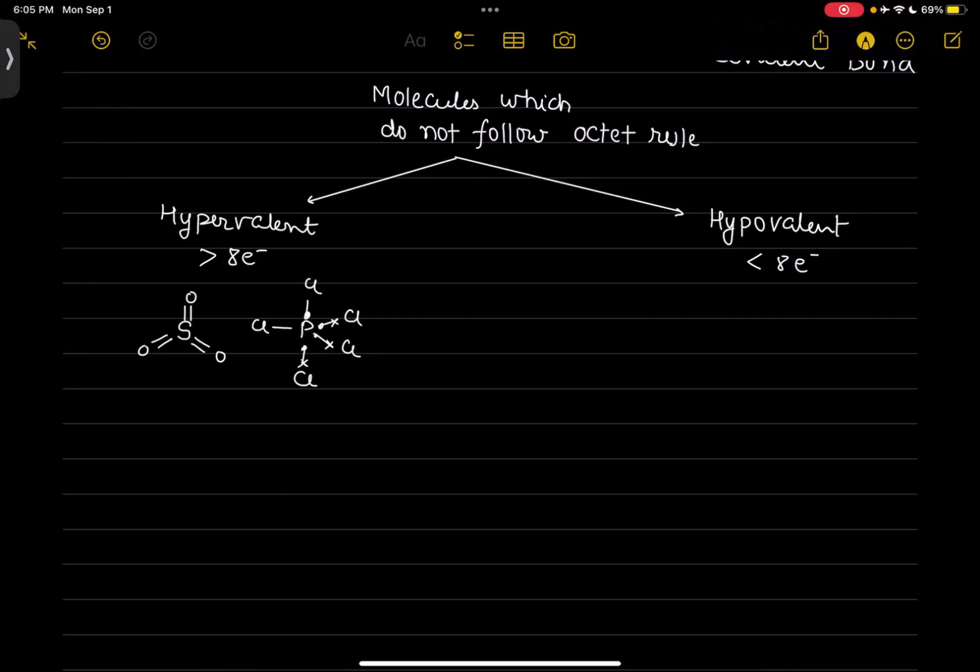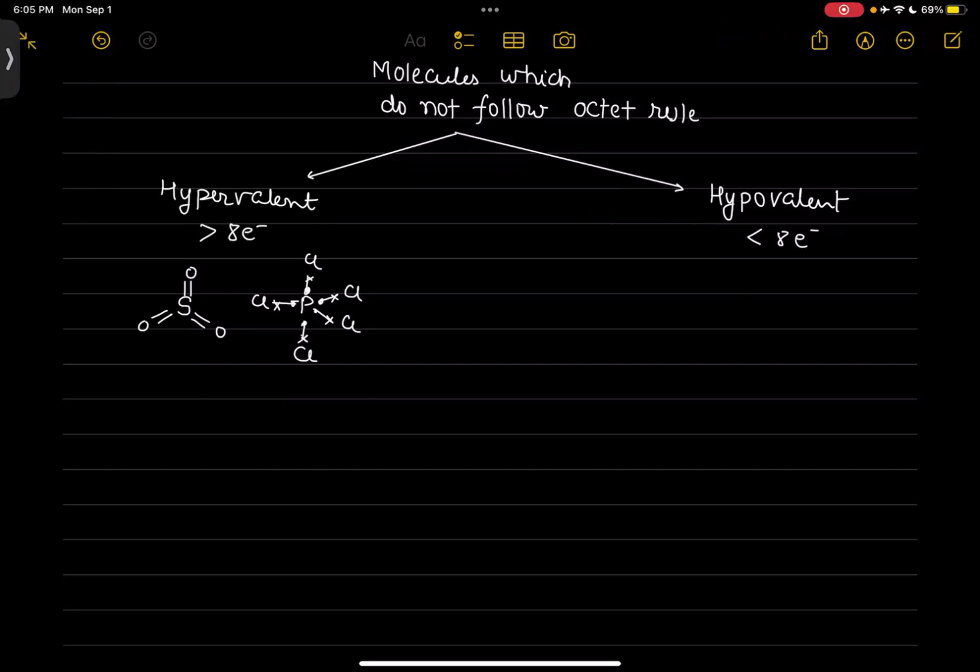I want to know why it is called hypervalent. After the bond formation, the electrons of both phosphorus and chlorine will be counted because a covalent bond is common to both. So 5 bonds, 10 electrons.